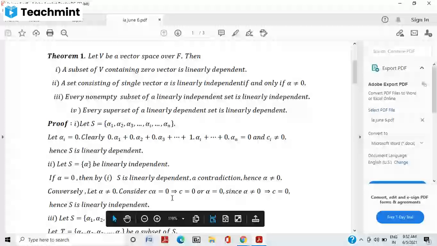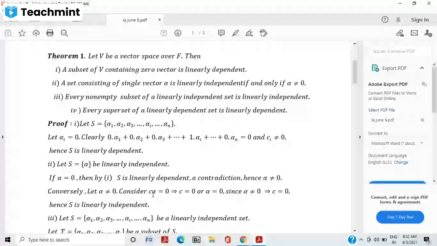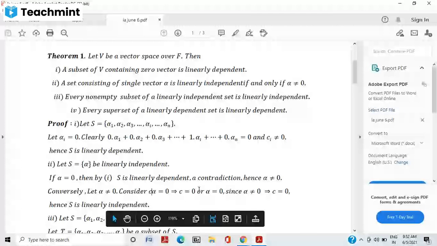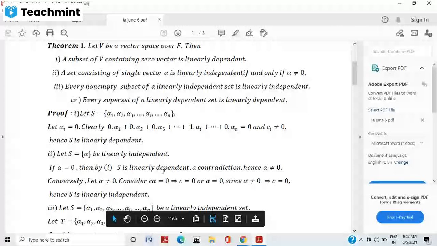Then only one condition remains. What is that? C equal to 0. Here only one vector is there. C alpha equal to 0, and that C also we got as 0. Then all Ci 0 means what can we say? It is linearly independent.